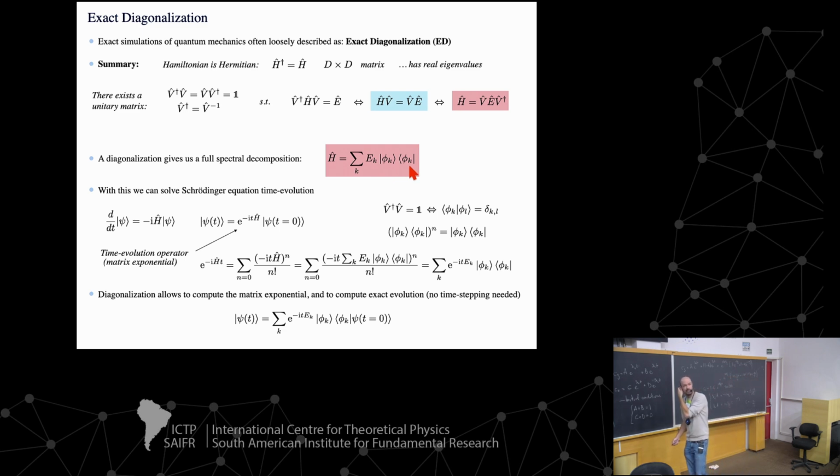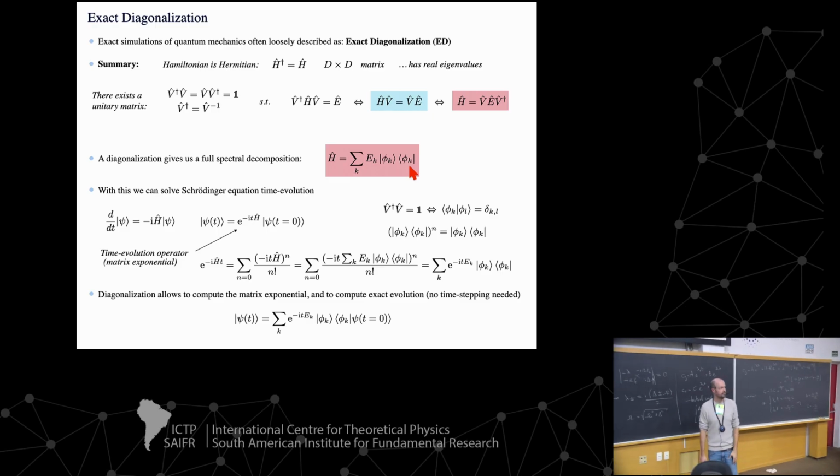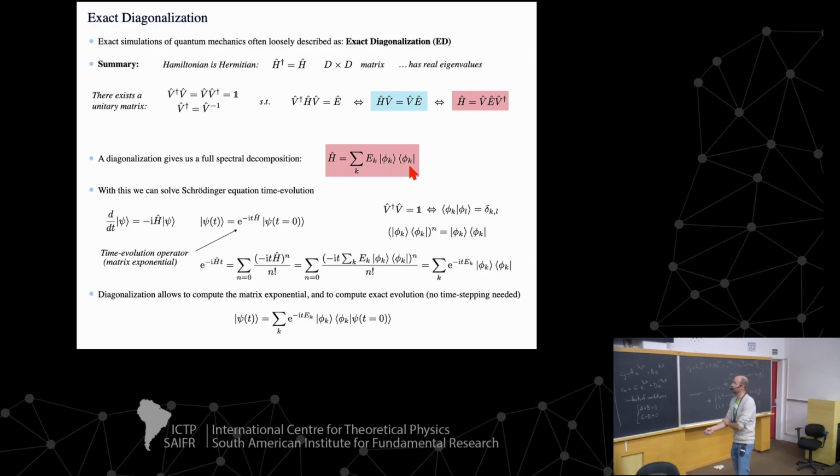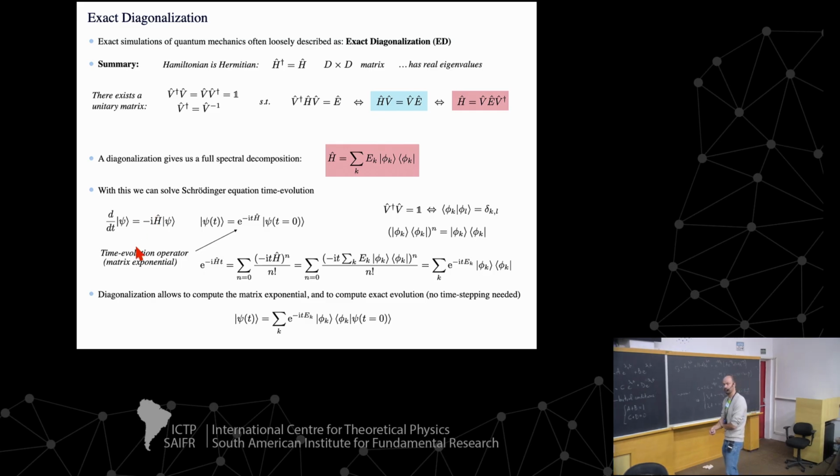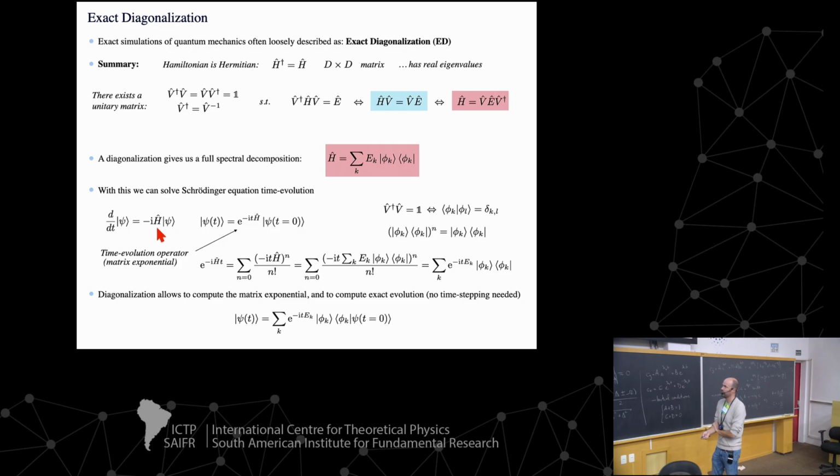And from this equation, I can see much more cleanly that I can do any time evolution with this. If I want to solve the Schrödinger equation, I can always formally solve it, because it's a trivial linear equation.